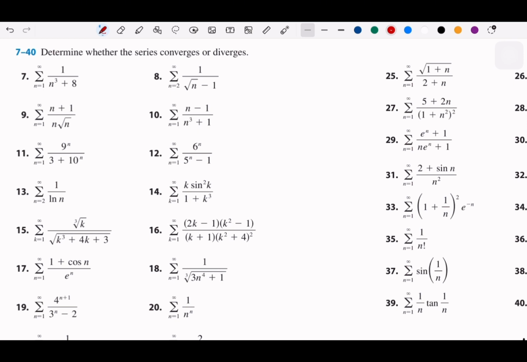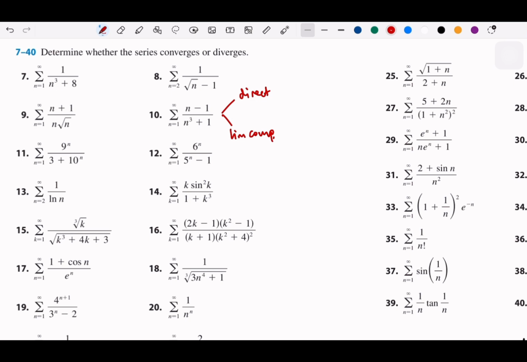So you can write this since that is the version. Okay, I think this could be done with the direct or limit comparison, both also work.